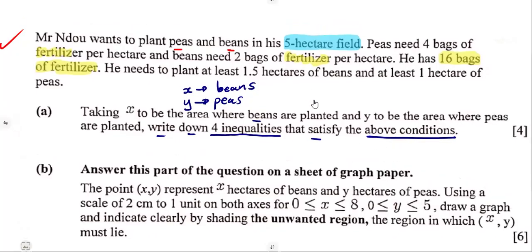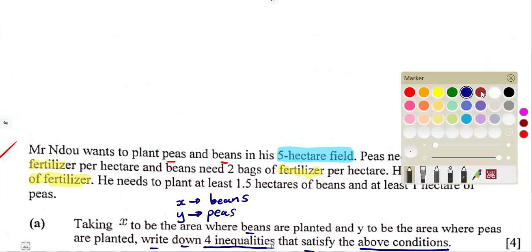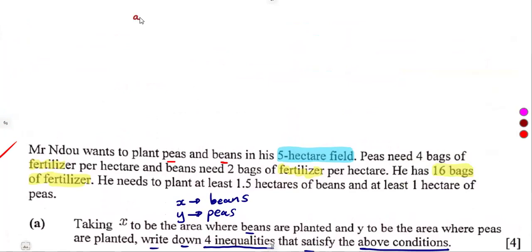Okay, let's figure out these inequalities. The first one, where can we obtain it from? Let's talk about the land where the peas and the beans are to be planted. We've got 5 hectares.